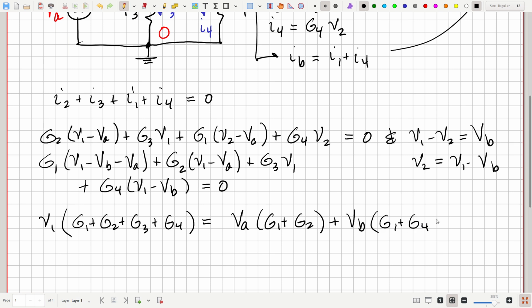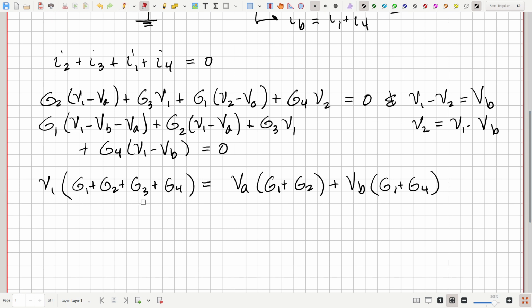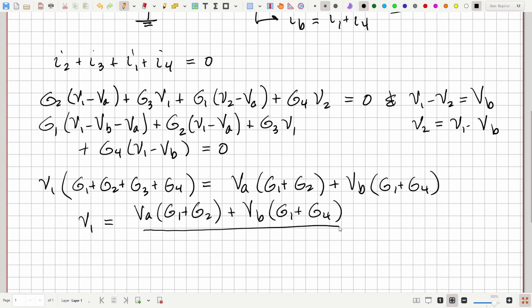(G1 plus G4). And now we simply divide by this coefficient, and we have our solution for our only unknown, which is V1. That's VA times (G1 plus G2) plus VB times (G1 plus G4), and then divide that by G1 plus G2 plus G3 plus G4.